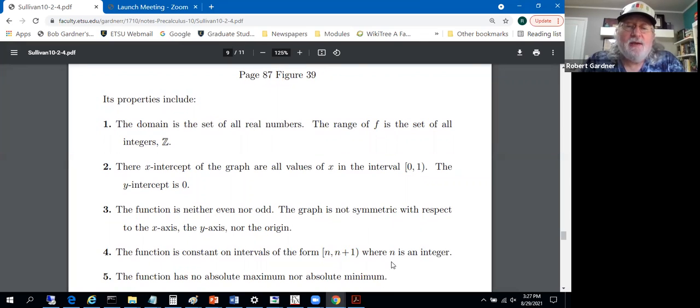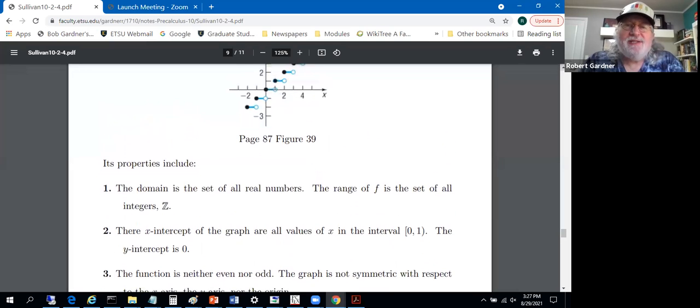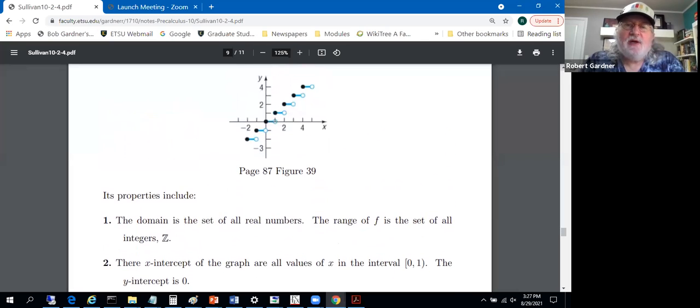Increasing, decreasing. Well, the way we've defined increasing and decreasing, this function is constant. It's constant on these little intervals where it's defined. It looks like it's increasing. There's some kind of uphillness to it, but it's constant on the little steps. Where there are discontinuities, little gaps, that's where it goes uphill.